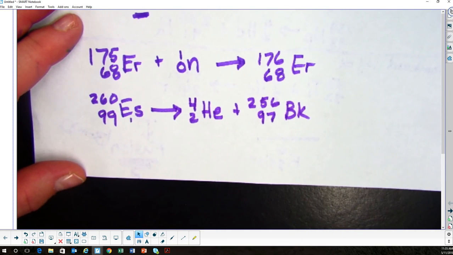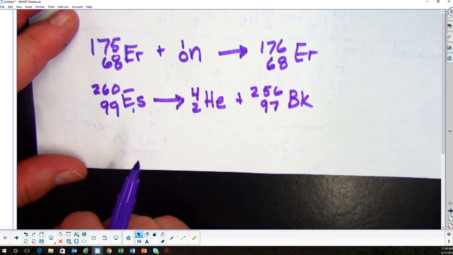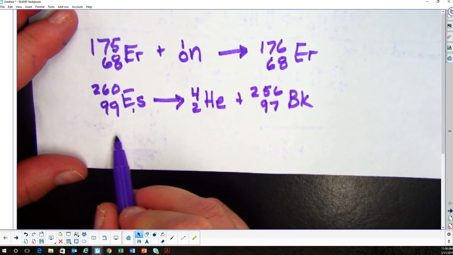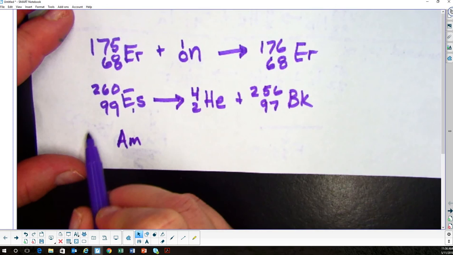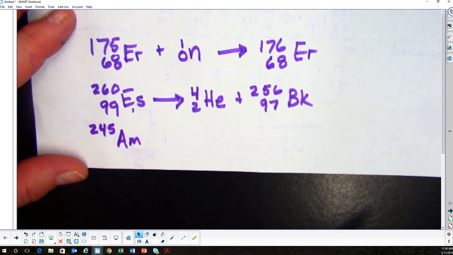Okay, one last one. We're going to start with americium 245. It undergoes an electron capture. Americium is down in the F. What is an electron capture?